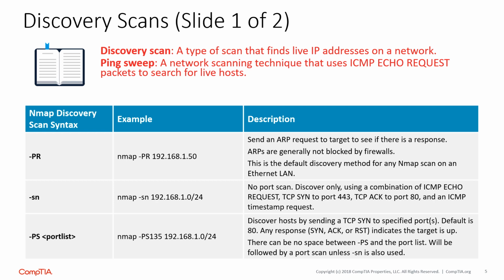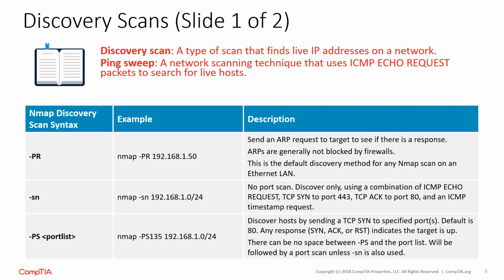Once the device the pen tester is using, the discovery scanning tool, receives this reply, that is an indication that these hosts are live or active. That's the way this discovery scan works. Again, it uses ICMP.